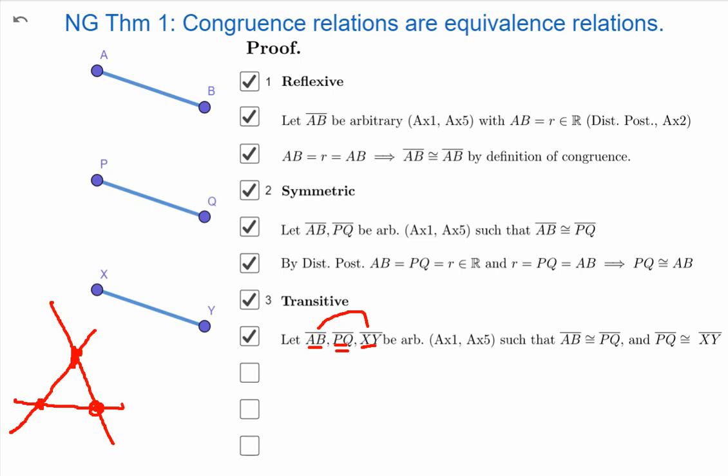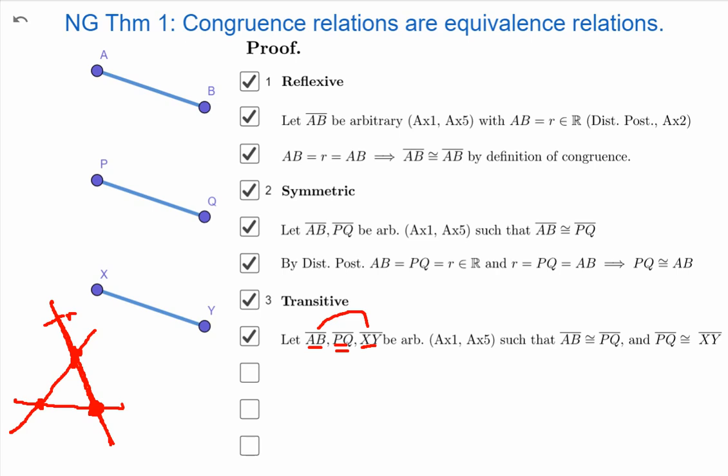But what does the ruler postulate say? The ruler postulate says that every single one of these lines has the property that, starting from a point, I can go exactly r units away, any real number I want, and there's a point there. That's the ruler postulate, which is axiom 3. That means that every single line has infinitely many points, and we know there are at least 3 lines, so there's infinitely many points in the geometry.